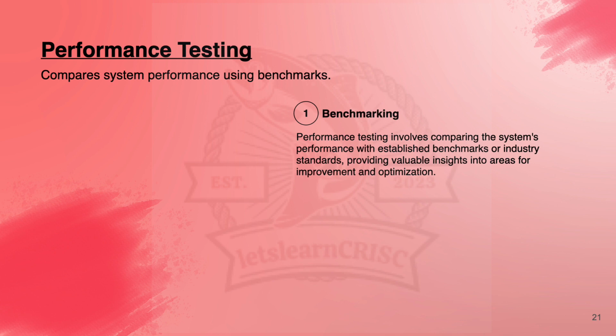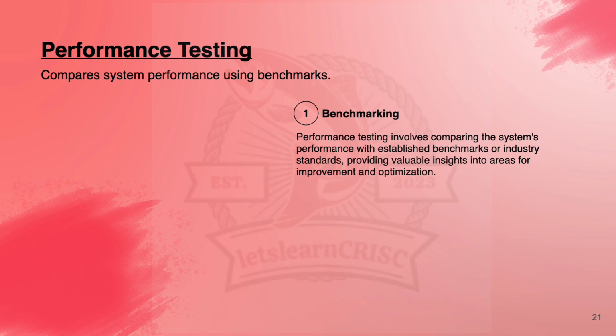Assessing metrics such as response time, throughput, resource utilization, and other user experience indicators during performance testing provides valuable insight into the efficiency, scalability, and overall performance of a system under varying workloads.